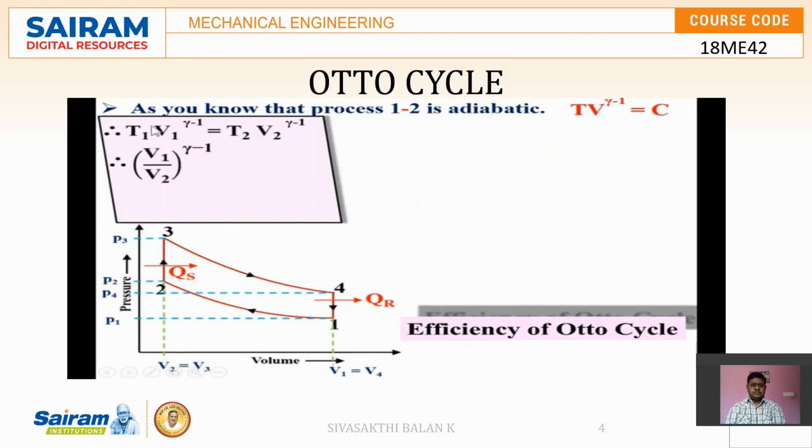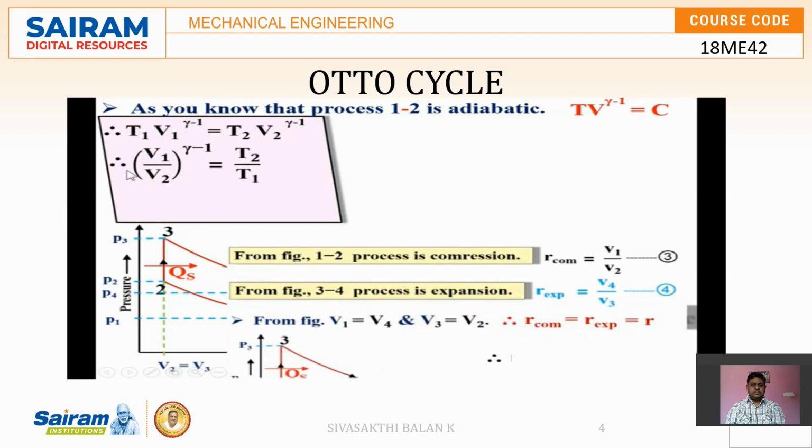So I can say V1 by V2 whole raised to gamma minus 1 is equal to T2 upon T1. And as you know, V1 by V2 is the compression ratio R. So I can say over here R raised to gamma minus 1 is equal to T2 by T1. Let's say it is equation number 6.